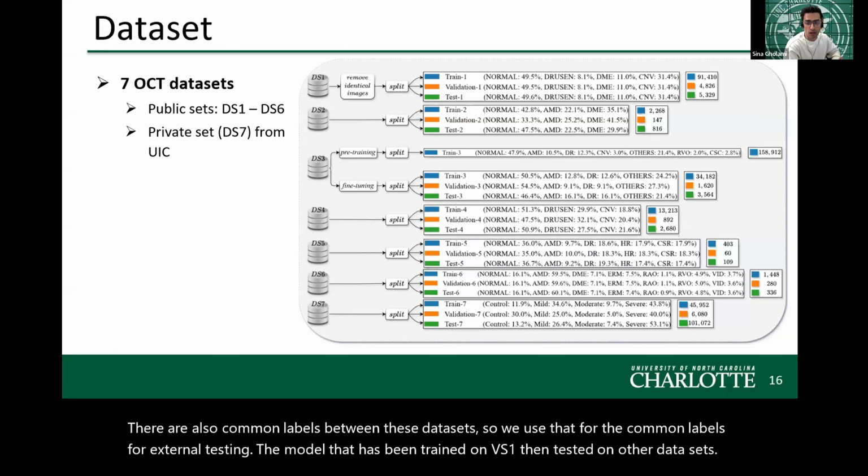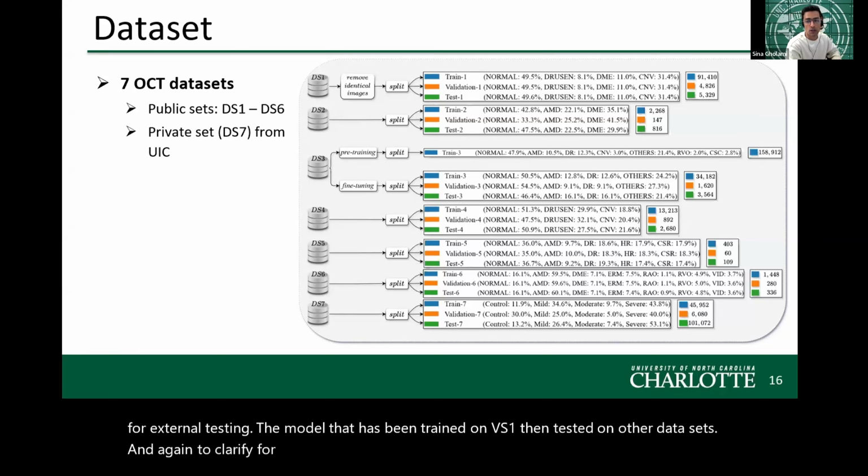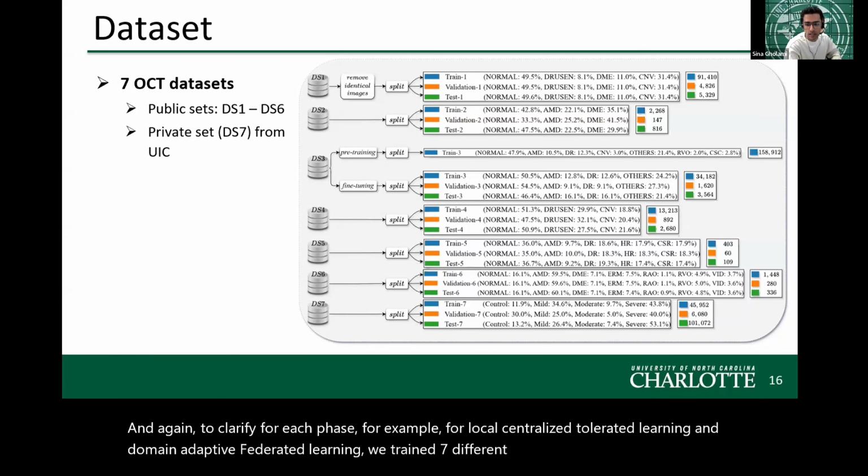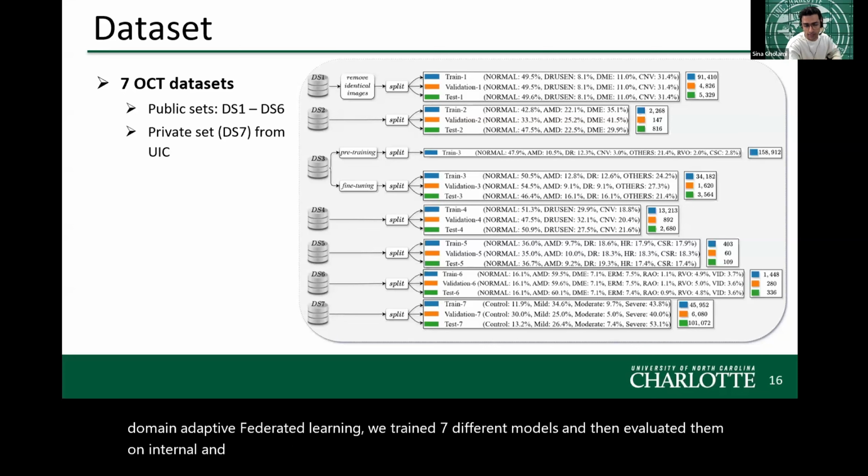And again, to clarify, for each phase, for example local, centralized, federated learning, and domain adaptive federated learning, we trained 7 different models and then evaluated them on internal and external test sets, except for DS7, which was a unique external dataset coming from UIC.